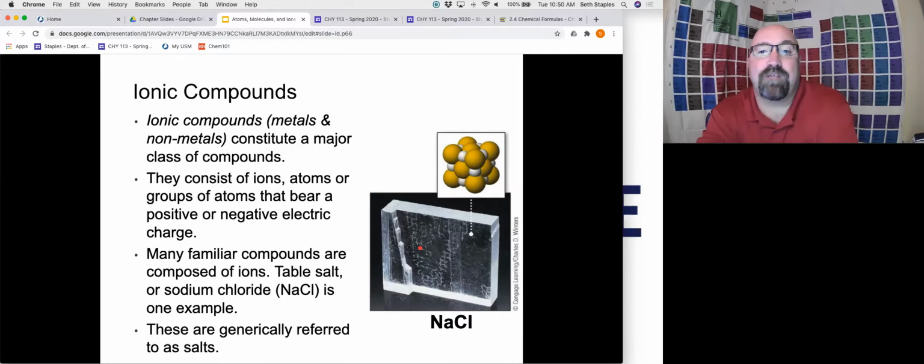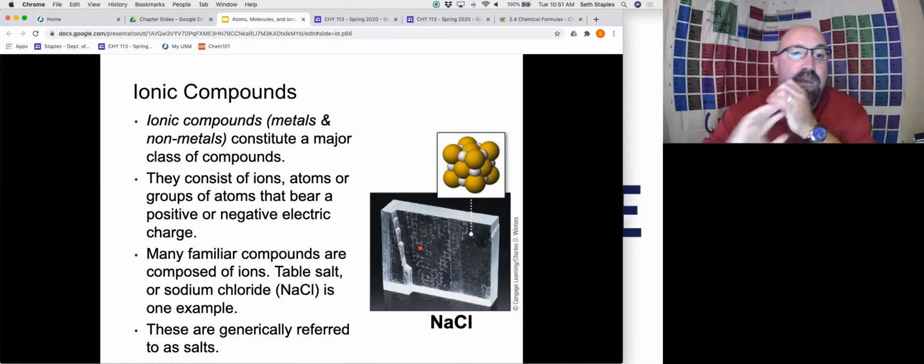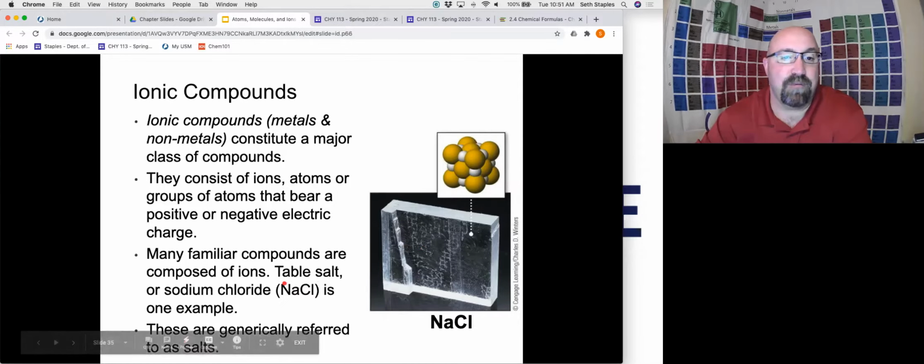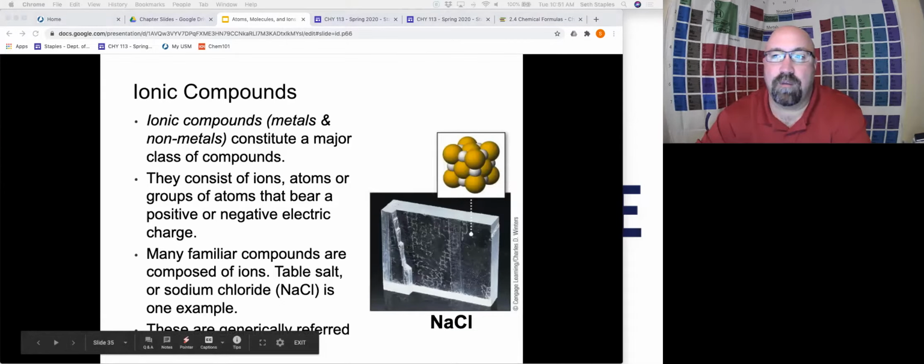There are lots of familiar compounds that we see and use every day that are ionic compounds. A very familiar example is, like I mentioned earlier, table salt. Common table salt, NaCl, is one example of an ionic compound.